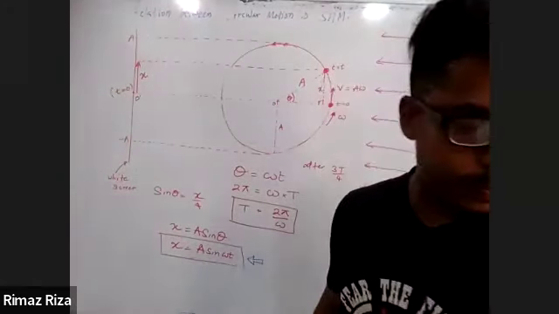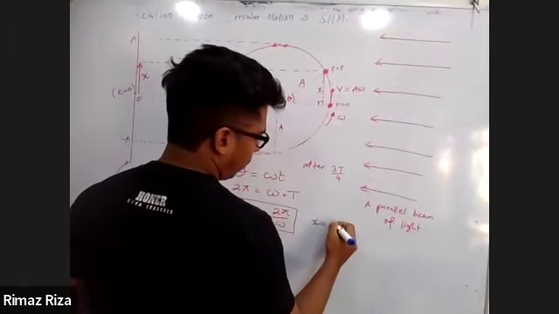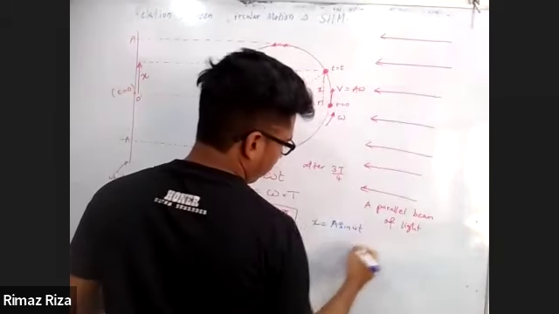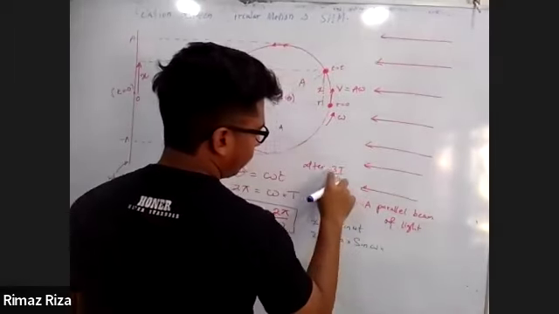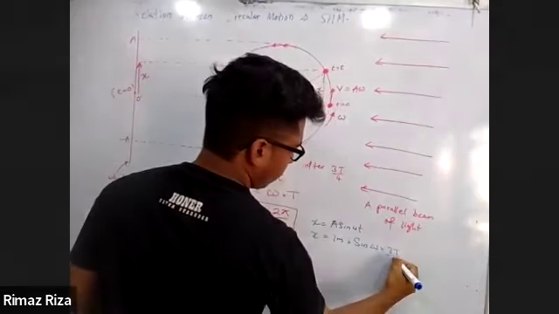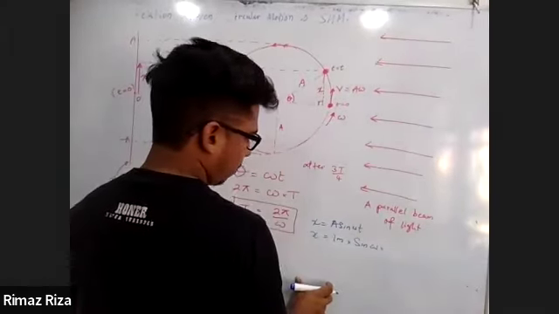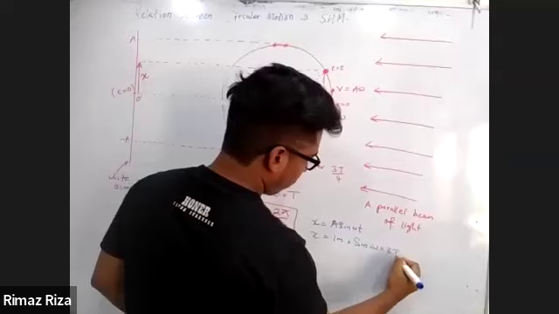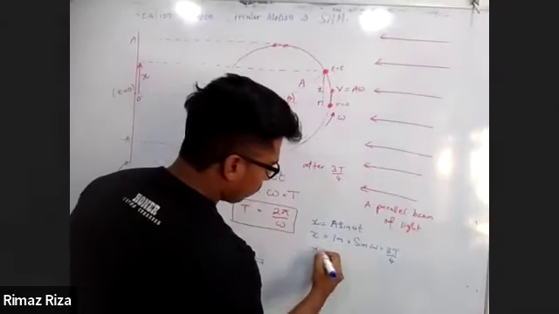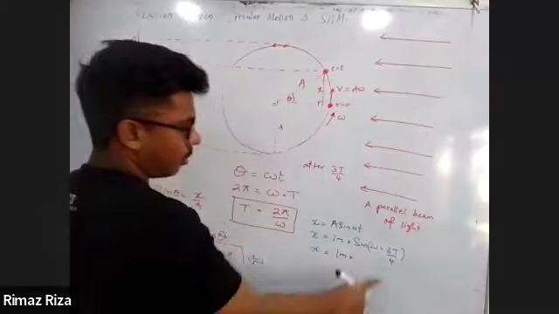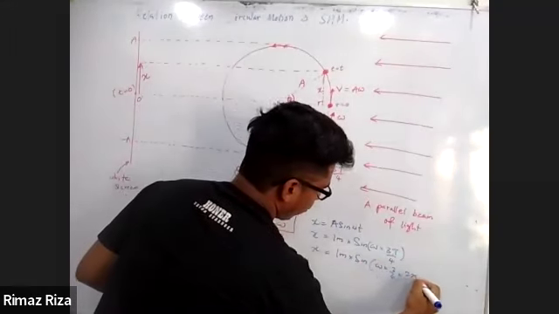So x equals a sine omega t. x equals a, which is 1 meter, times sine of omega times t, where t is 3T over 4. The period T is 2 pi over omega, so x equals 1 meter times sine of omega times 3 over 4 times 2 pi over omega.